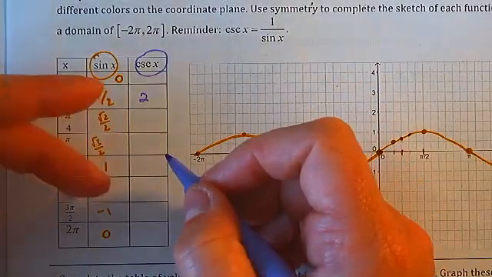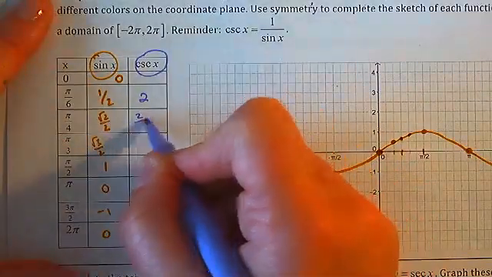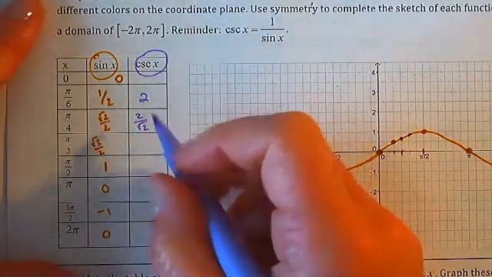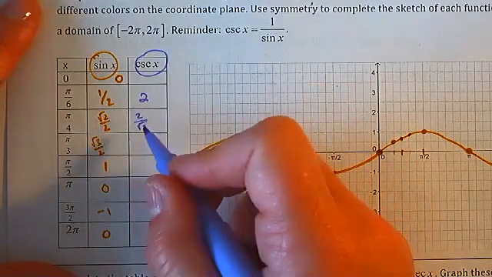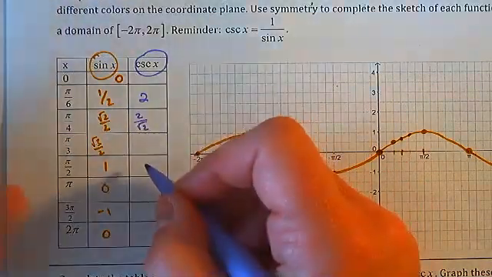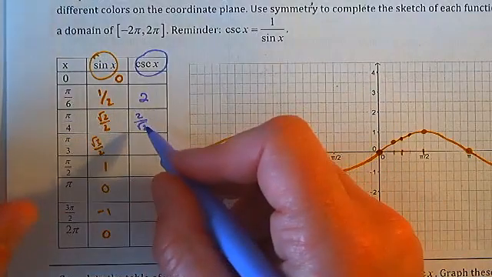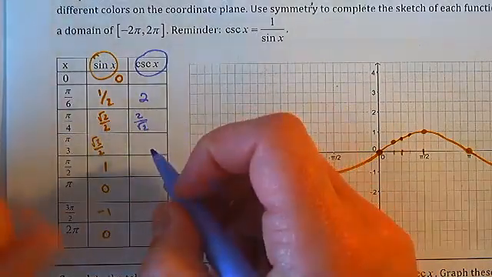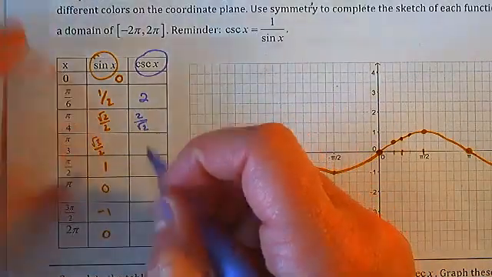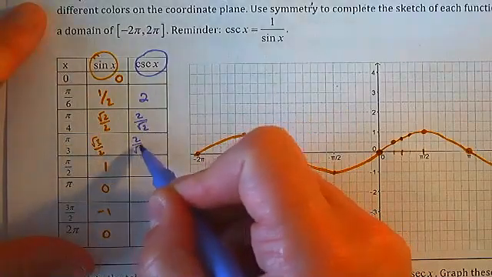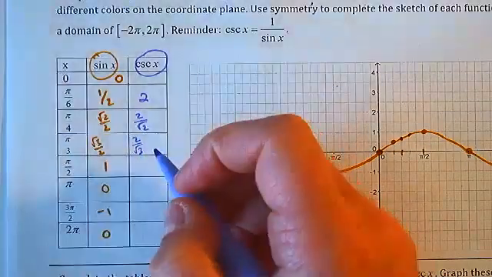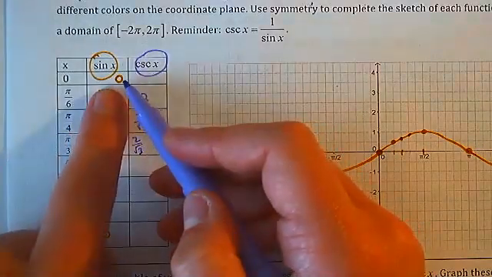If I flip √2 over 2, I get 2 over √2. Because we're not leaving this as our answer, we're going to find our decimal, so you don't need to multiply top and bottom by root 2. Same thing here, flip it, and we get 2 over root 3. We'll find those decimals in a moment, but let's focus on this one.